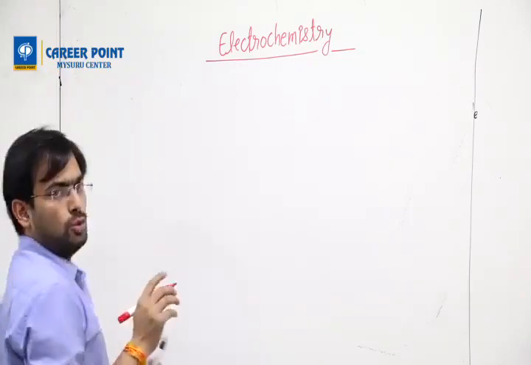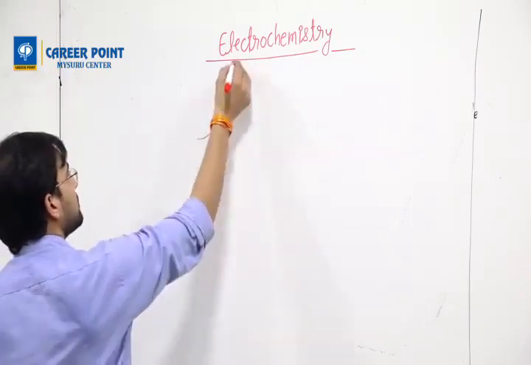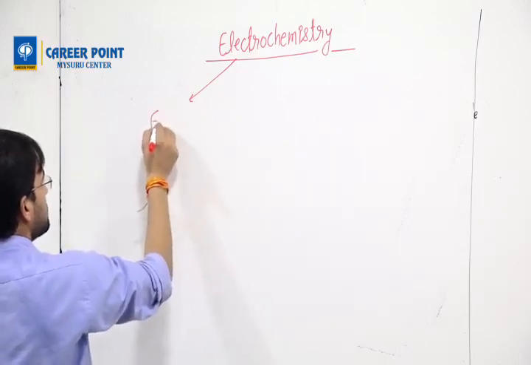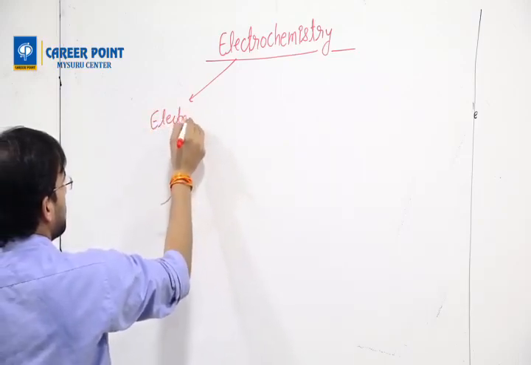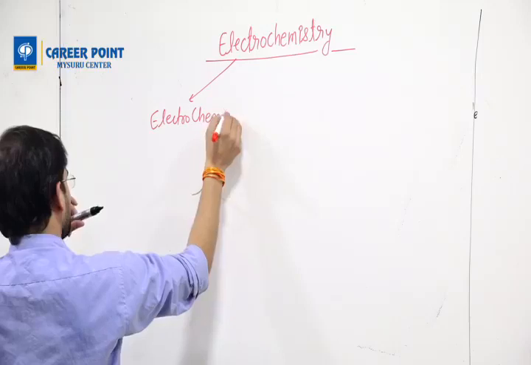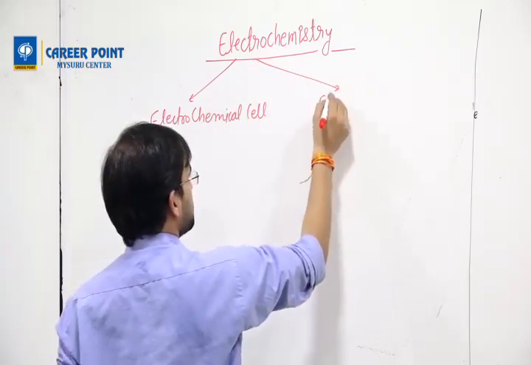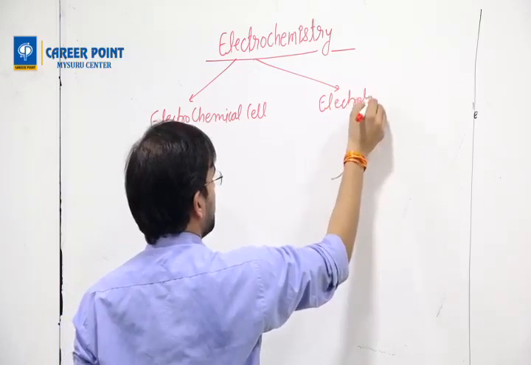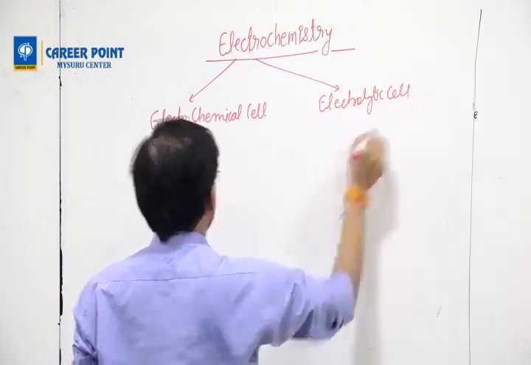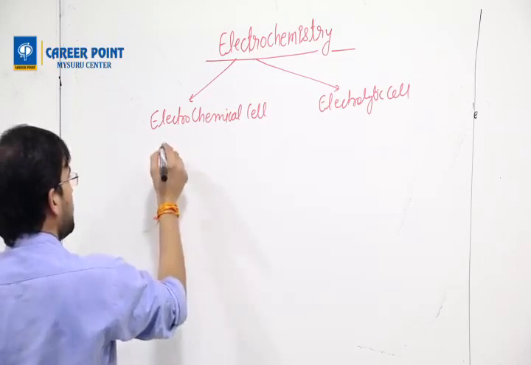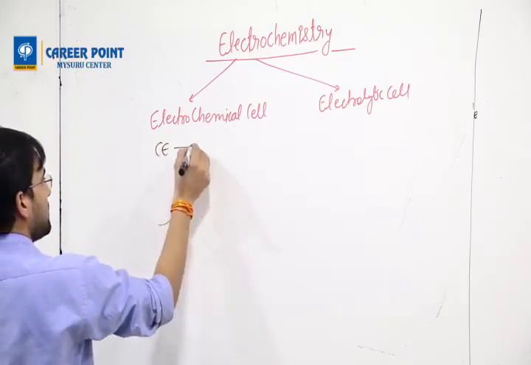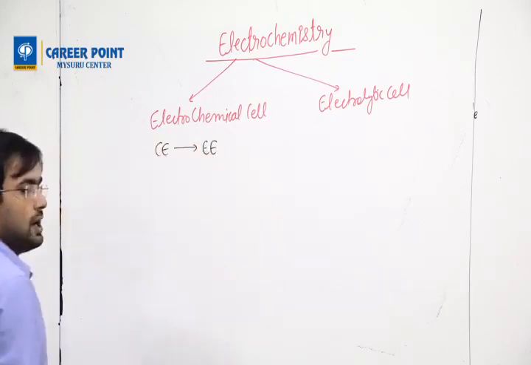Okay. So there are two parts of electrochemistry. One is known as electrochemical cell, another is known as electrolytic cell. In electrochemical cell, chemical energy is converted into electrical energy.